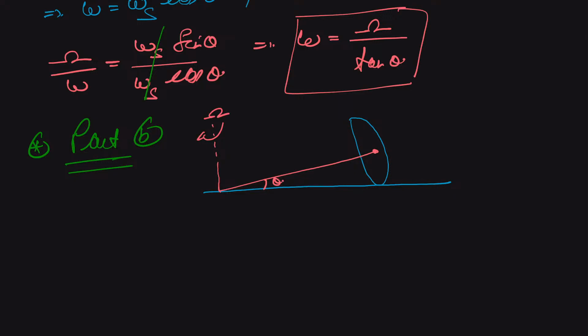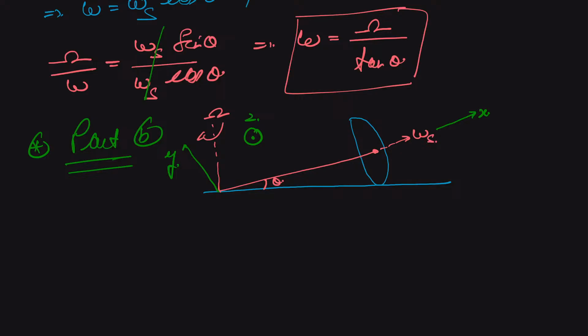So in this case, let us define, this is our omega s, and let us define our coordinate axes. So in this direction we are having the x-axis, and this is our y-axis, and z is out of the plane. So this is our z-axis.